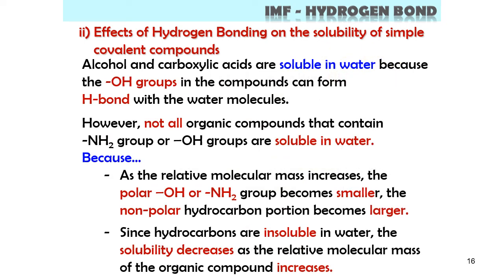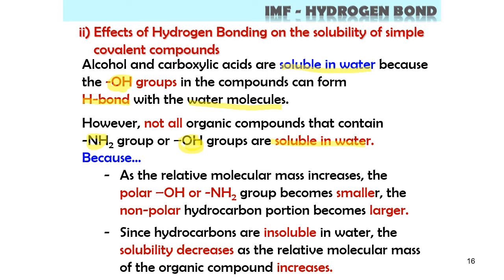Alcohol and carboxylic acid are also soluble in water because of the OH group they have, and they can form hydrogen bond with a water molecule. But not all organic compounds containing NH2 and OH groups are soluble in water. This is because there are other factors. Even though you see it is an amine or an alcohol, not all of them are soluble in water.